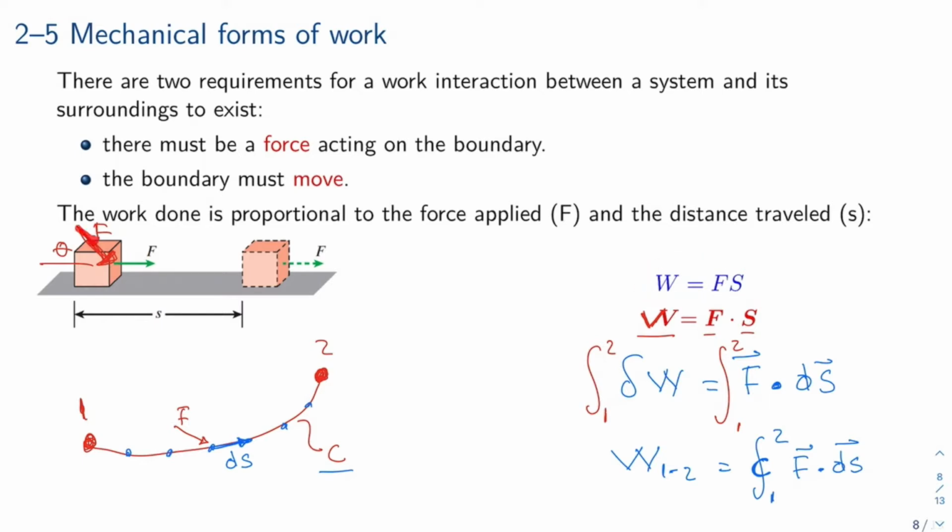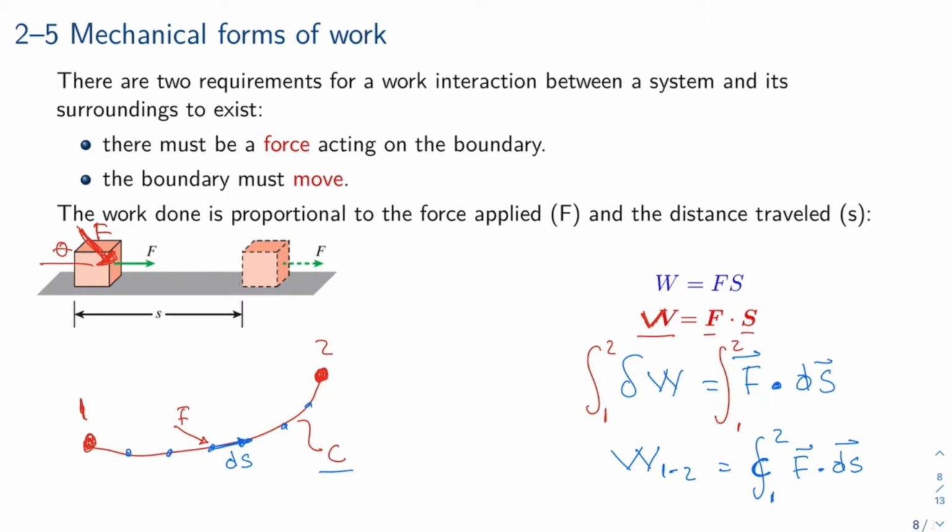If the force is at an angle theta, then the work is defined as the force in vector form dot product the distance in vector form. If we have a trajectory that is curved, then we have to compute the work at every ds interval as F dot ds and integrate over the whole curve.